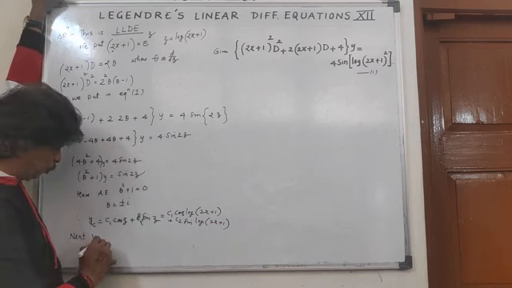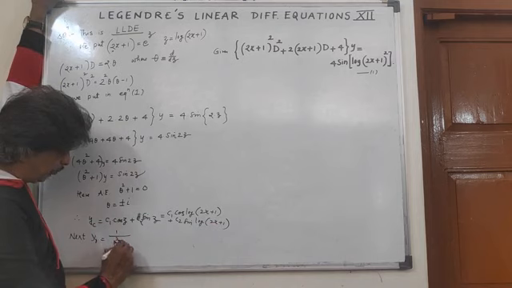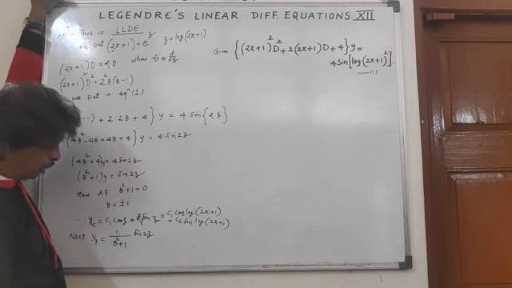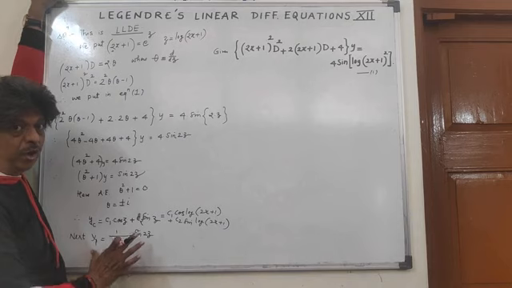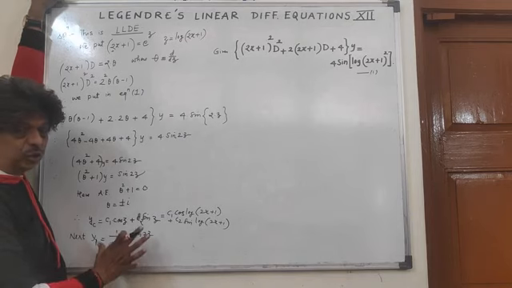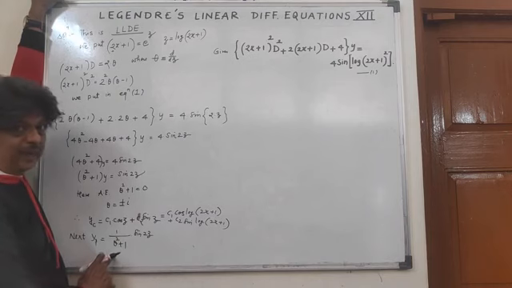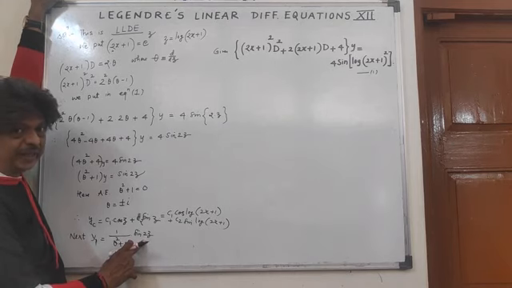Now yp. Yp is obviously equal to 1 upon f of theta into sine of 2z. This is a trigonometric case for yp, and its shortcut method is to replace theta square by minus the square of the coefficient of z in the sine.